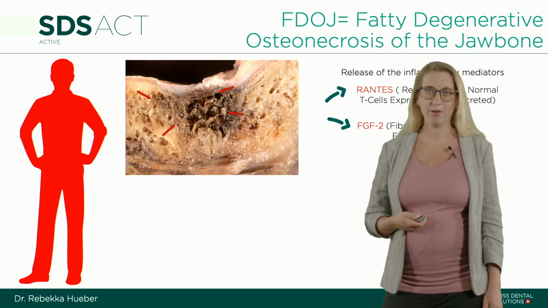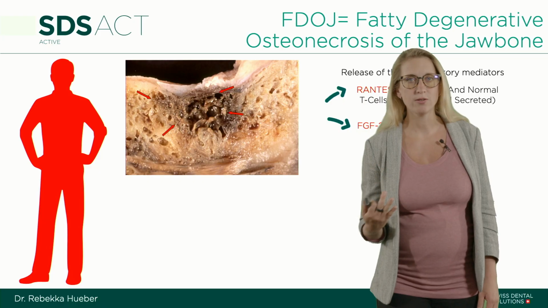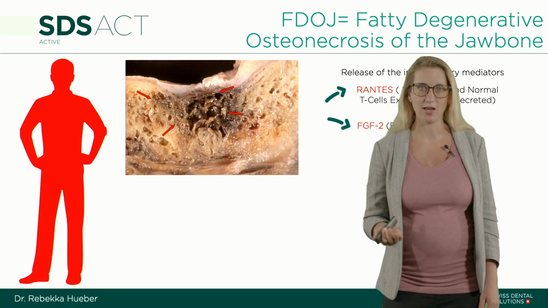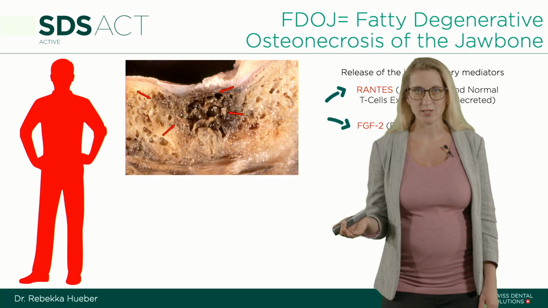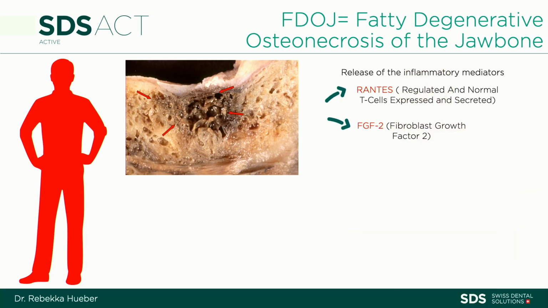We have a problem with these areas. They have a constant release of inflammatory mediators, and that is RANTES. RANTES is one cytokine that is constantly, 24 hours, 7 days a week, high in these areas. We know that from multiplex analysis from laboratories.